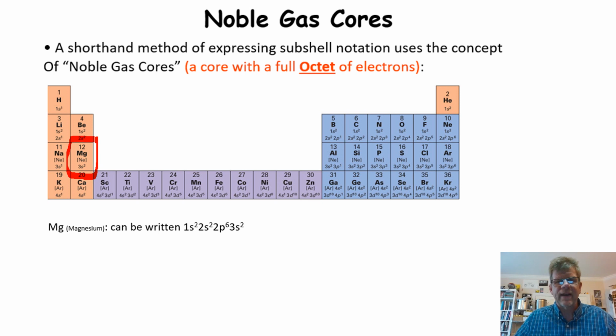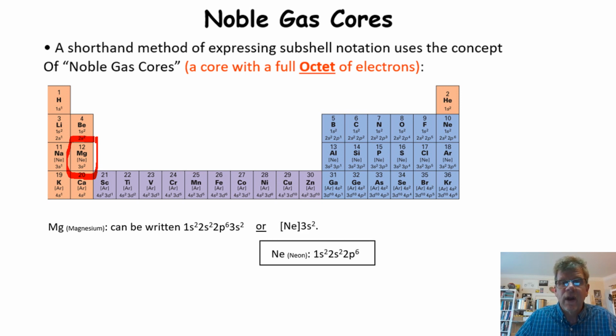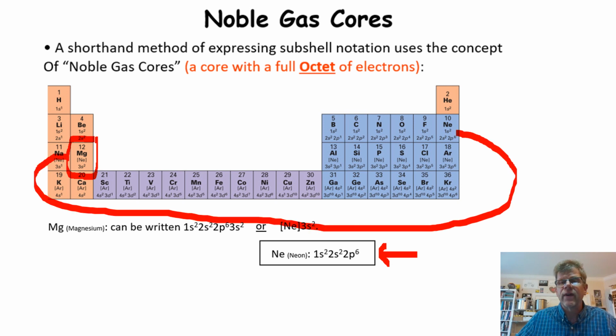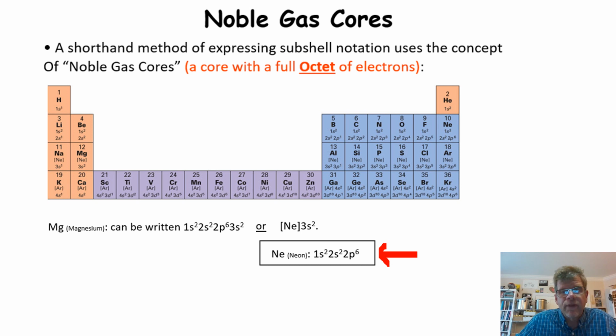But we're going to recognize something: if you look in this box right here, neon, the noble gas which precedes magnesium, let's find that, there it is right there, is most of this subshell notation.